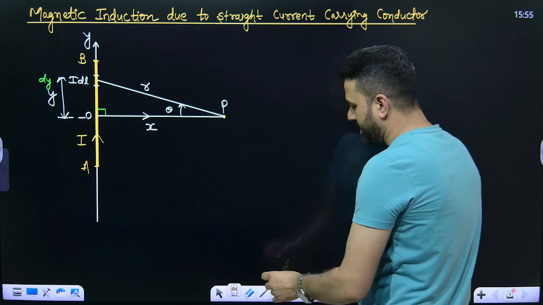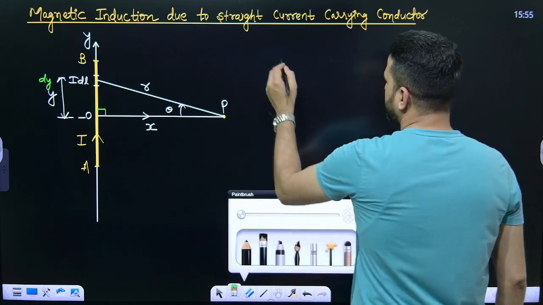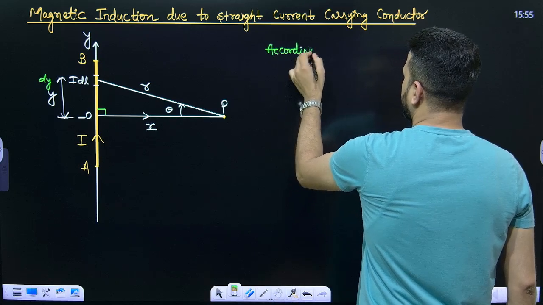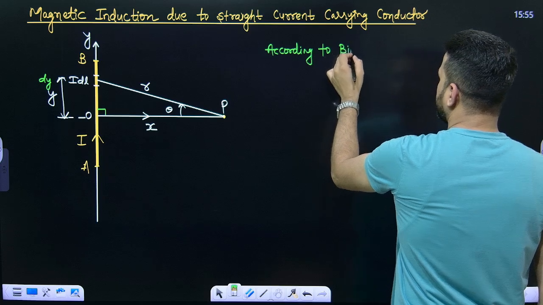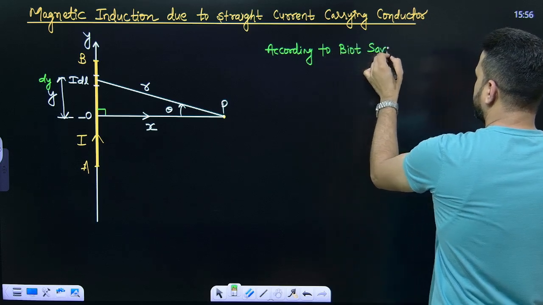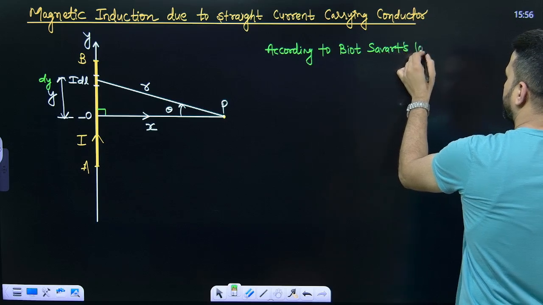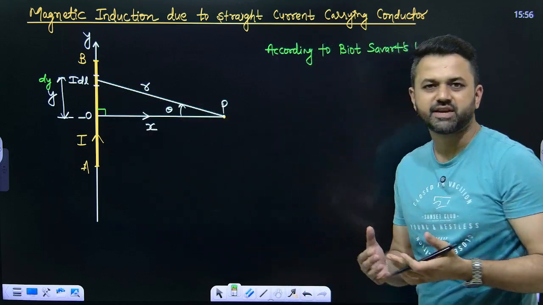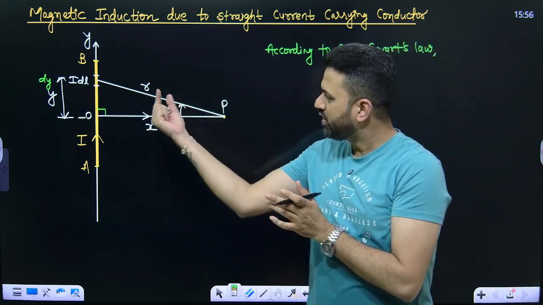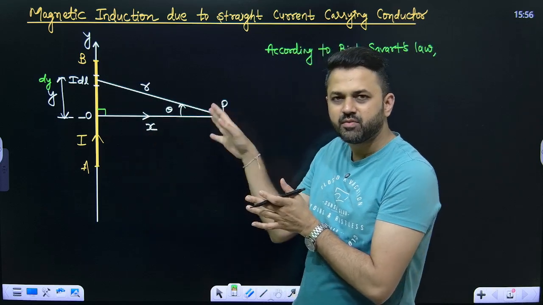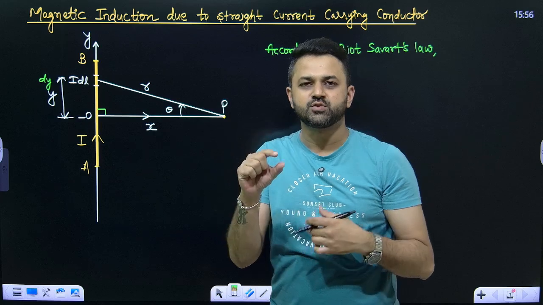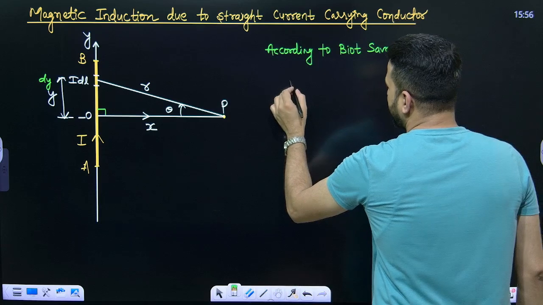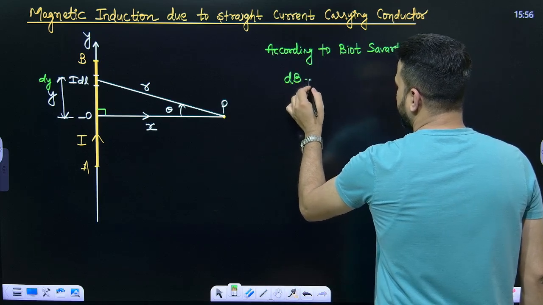Now we want to apply the Biot-Savart law. According to the Biot-Savart law, the magnetic field due to a current element will be a small magnetic field, because we are choosing only a small element of the conductor, not the complete conductor.